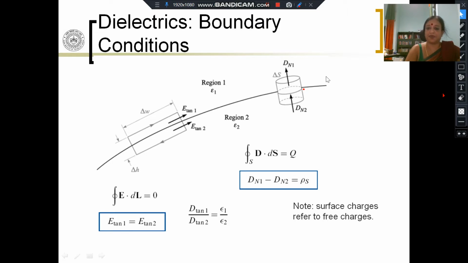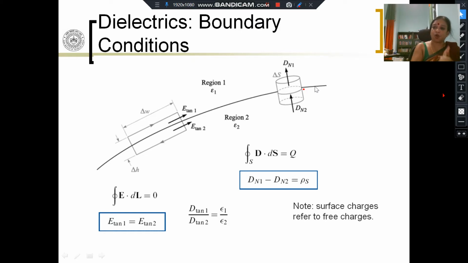On the other hand, if you look at the normal components, we have a relationship in terms of the flux density. Remember, DN1 is equal to epsilon 1 EN1 and DN2 is epsilon 2 EN2. DN1 minus DN2 is equal to rho s. What is rho s? Rho s is the free surface charge density on the interface.